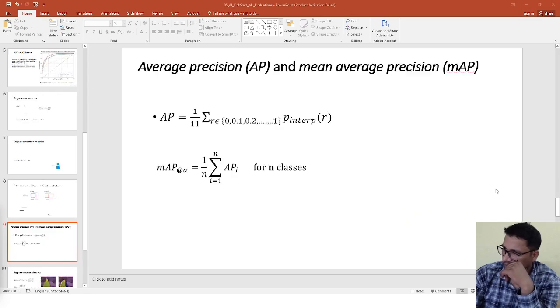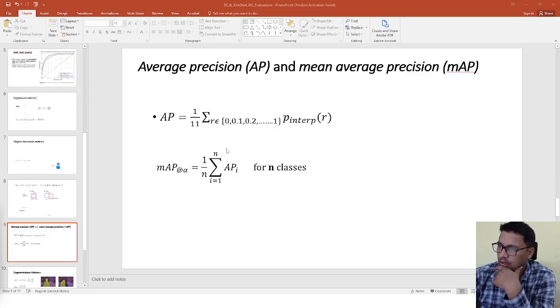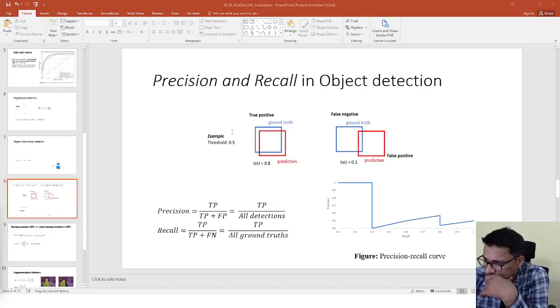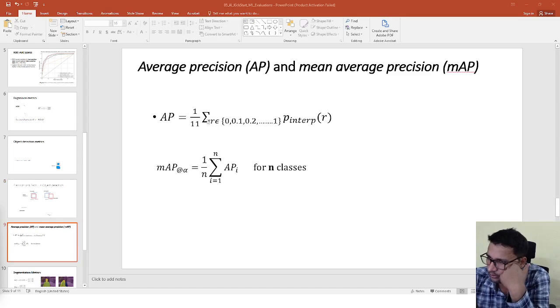For the average precision, we take 11 such points, one, two, three, and similarly it is going to decrease, and we take the average. That we call the average precision. And if we have n classes, then we take the mean of all the average precisions. We call it the mean average precision.